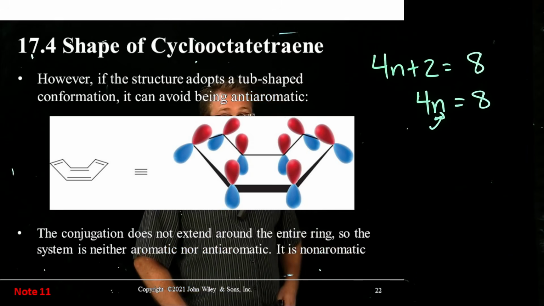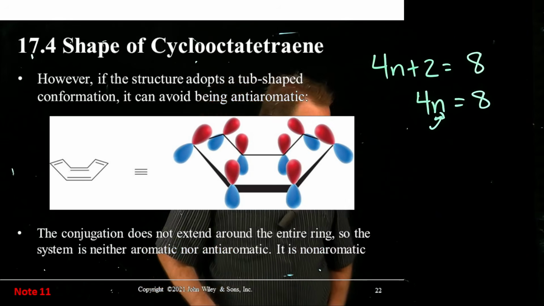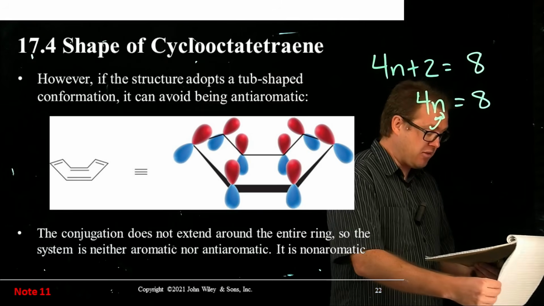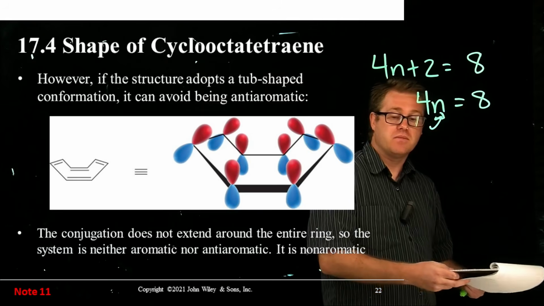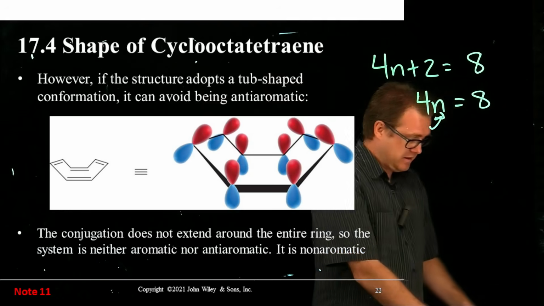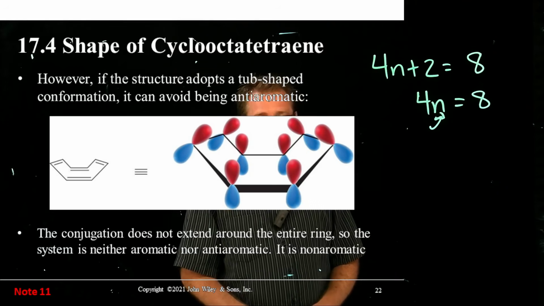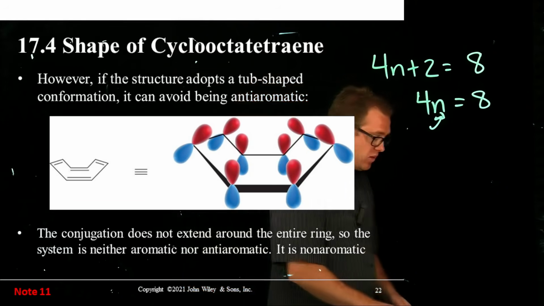It is going to be non-aromatic, or just a normal molecule, non-aromatic. So that is an exception to what we have been seeing up to this point.